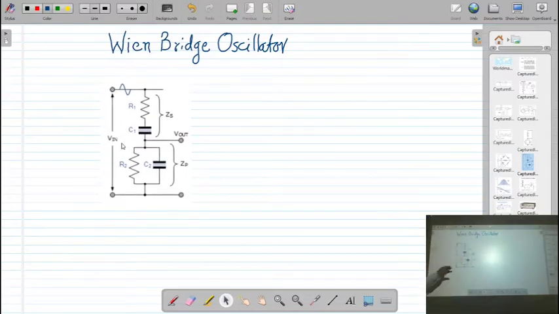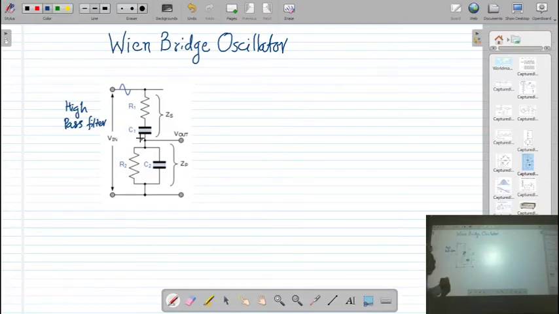In a Wien bridge network, you can see we have two resistors and two capacitors. Here in this part, the resistor and capacitor are connected in series, and this will work as a high pass filter. So the upper part of the network is working as a high pass filter.